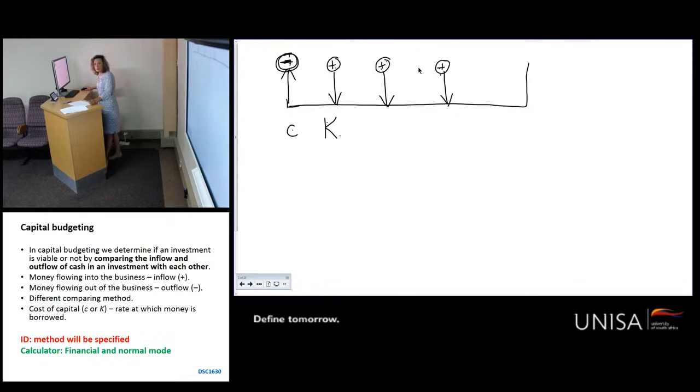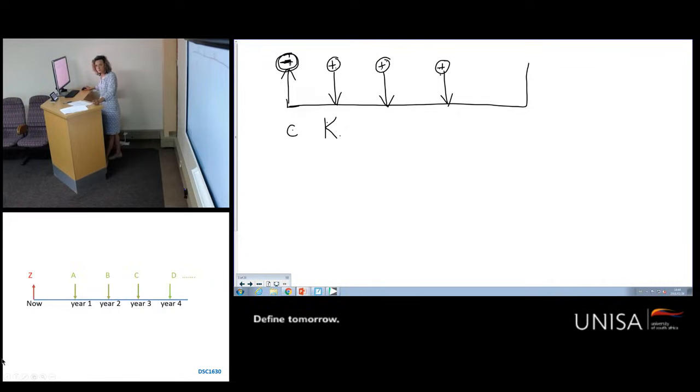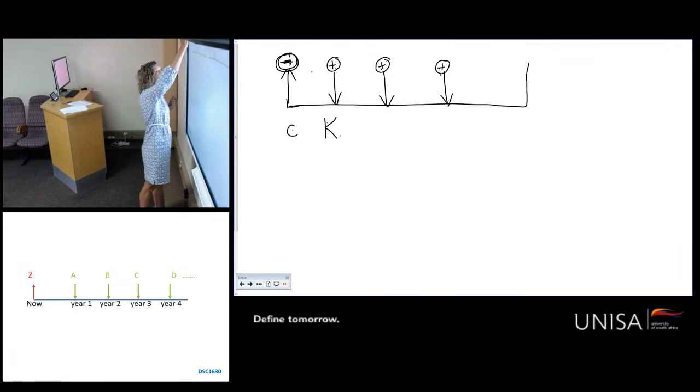So if we look at an example of a timeline, there it is. Now, the value we enter or we pay for that specific investment, in short, we call it Z, right? So our Z value is this negative going out here. And these positives we can call A, B, C, and so forth.